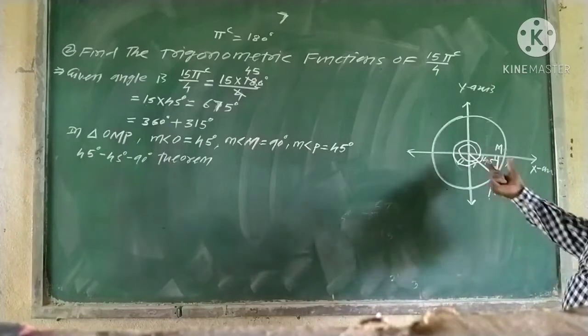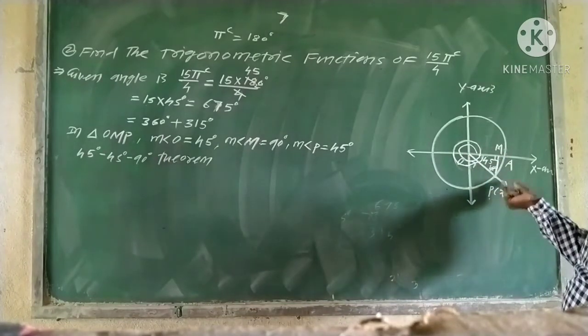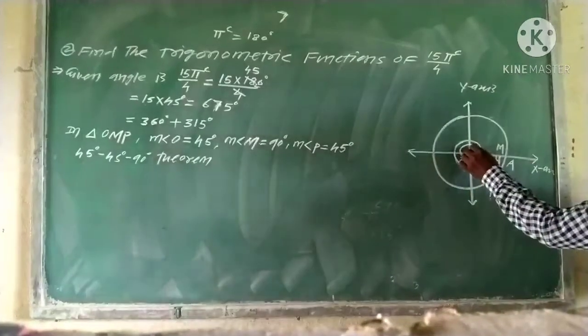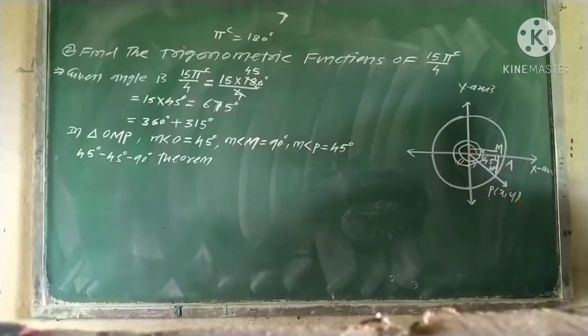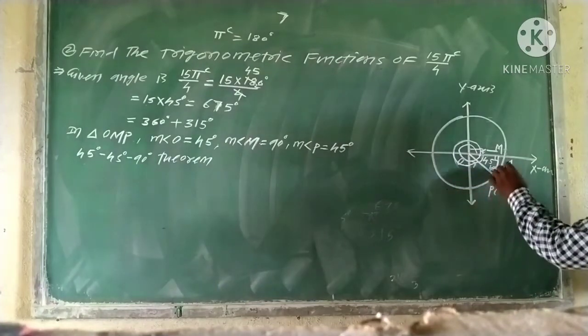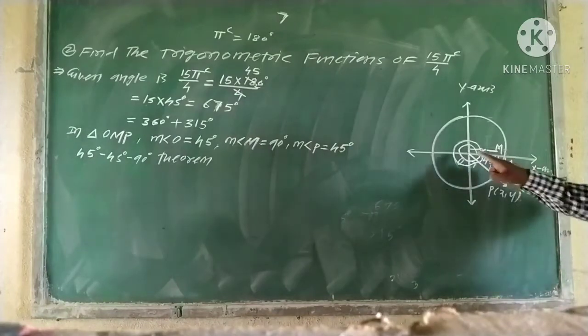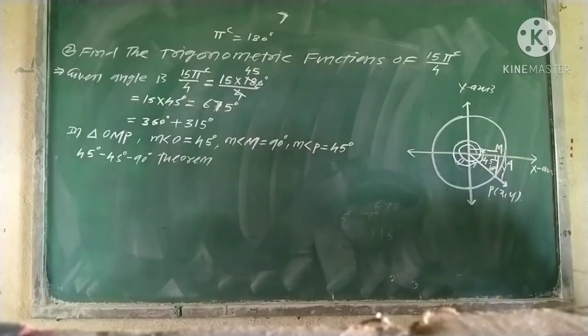So the distance covered by the point P on the x-axis is equal to x.